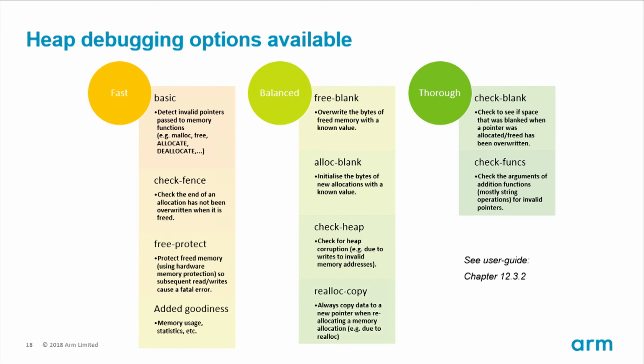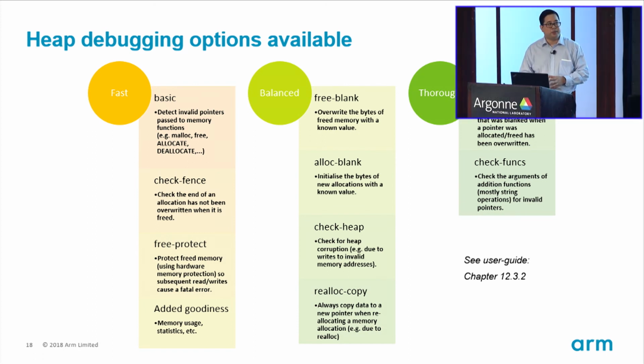Do keep in mind, though, that the more checks you apply to your code, the more overhead it's going to incur, both in terms of the amount of memory used and the amount of time it takes to run, because it has to do all these checks for every memory allocation.